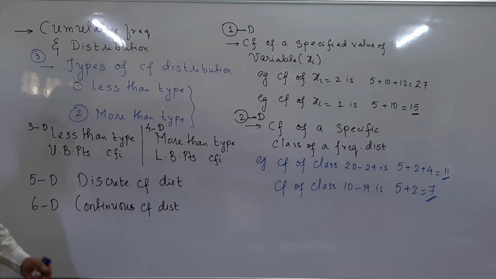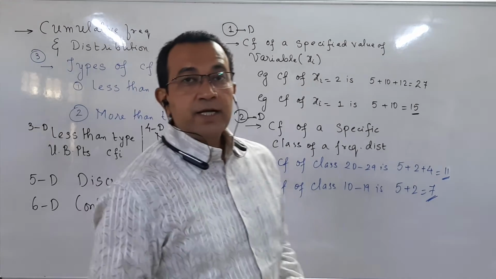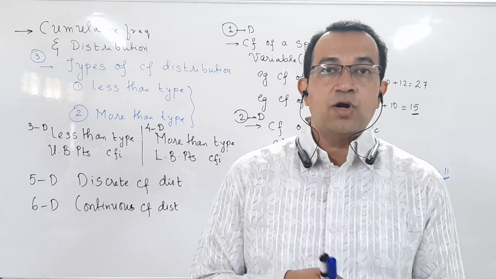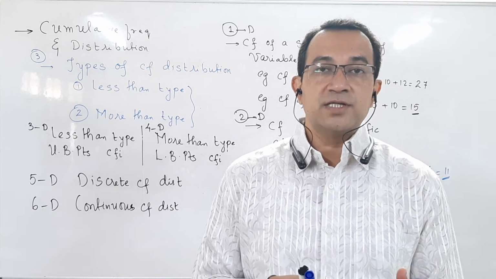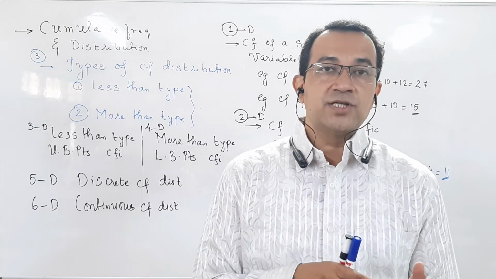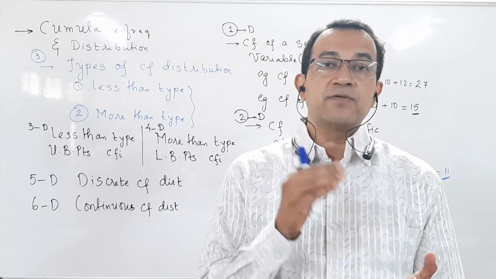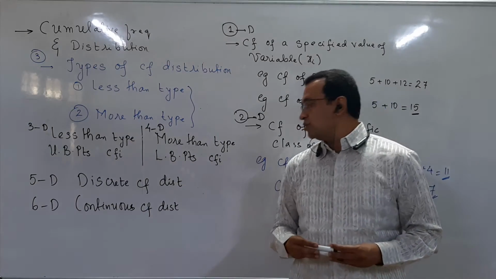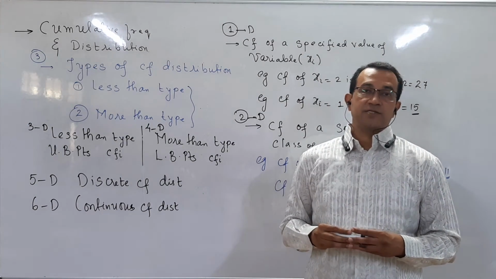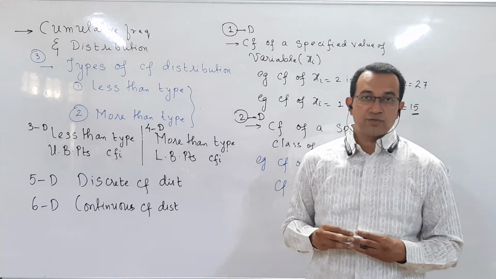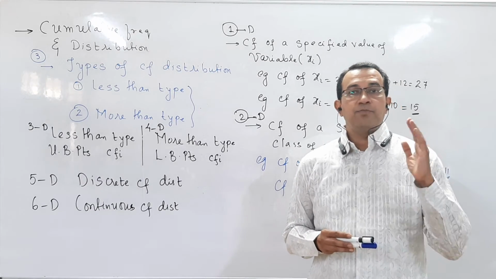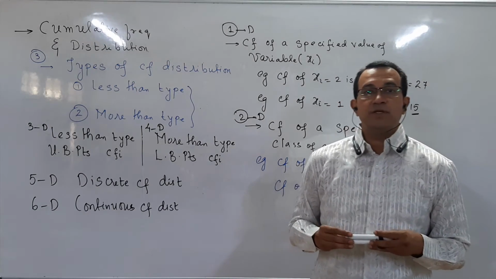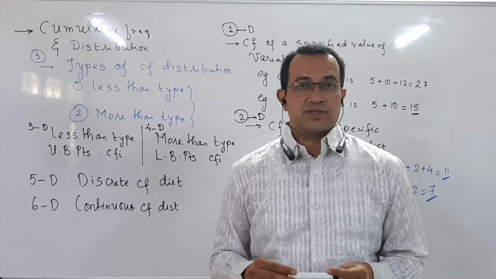Then definition 5. A cumulative frequency distribution of discrete variable is called discrete cumulative frequency distribution. And definition 6. A cumulative frequency distribution of continuous variable is called continuous cumulative frequency distribution. Students, you have to understand and master this. Then students, we will be able to do sums.